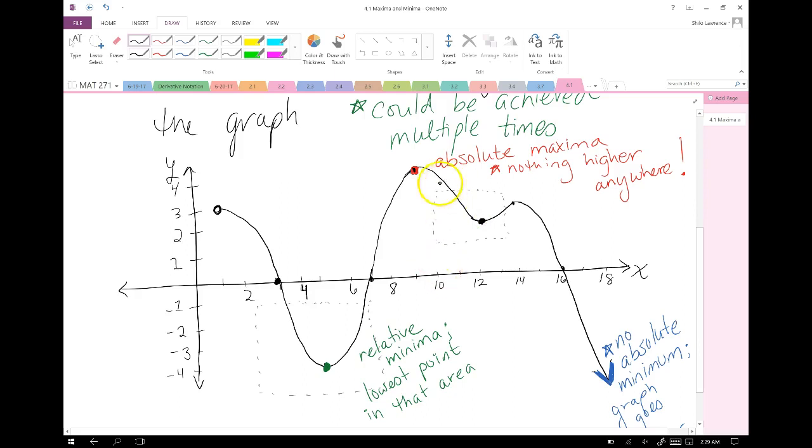So if we just looked on the interval from 10 to 14, 12.2 would be the lowest point on the graph. So there's a second relative minima. There's one here, and there's one here. Because either one of those little areas, if we zoomed in, we would have a valley. We would have a lowest point on the graph.